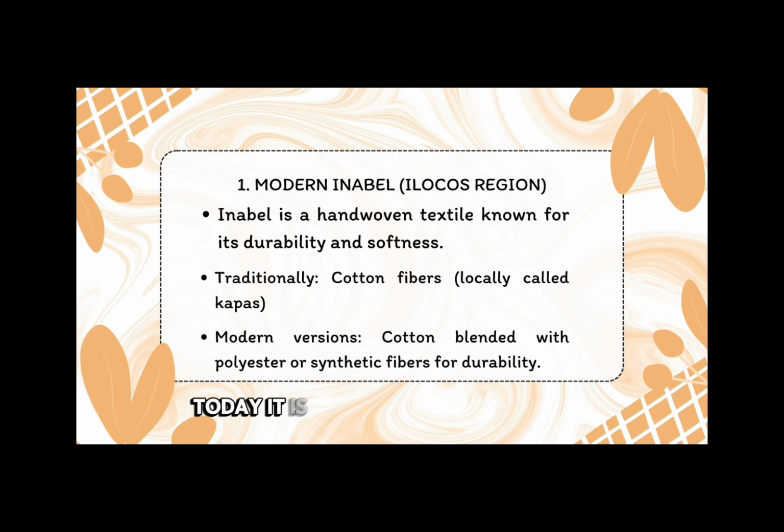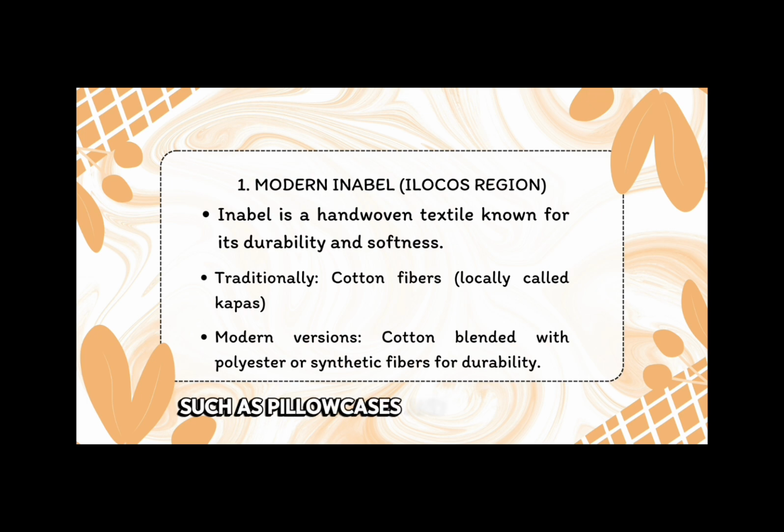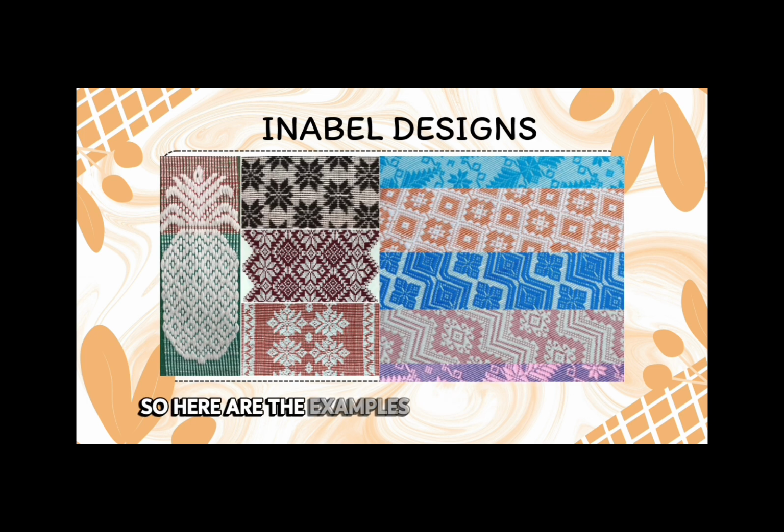Today, it is used in clothing like tops, dresses, and scarves, bags, and accessories, and also for home decor such as pillowcases and table runners. So, here are the examples of modern inabel.